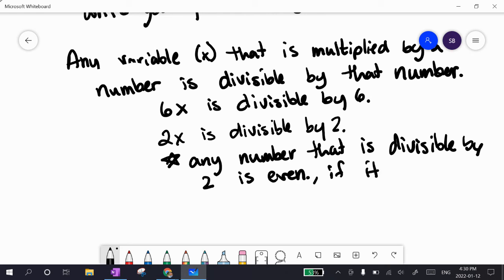If it is not, then it is odd. Exception to this, of course, would be 0. It's just a special number.